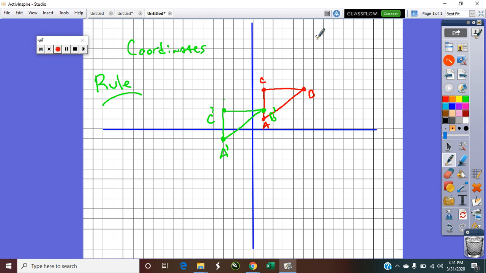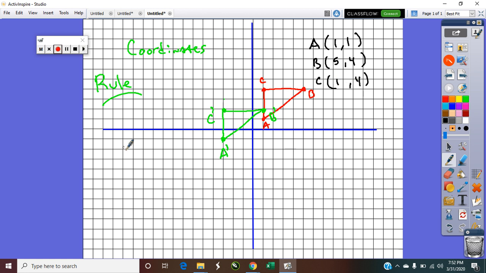Okay, so let's go ahead and do the coordinates. A, B, and C. So A was 1, 1. B, 5, 4. And C was 1, 4.